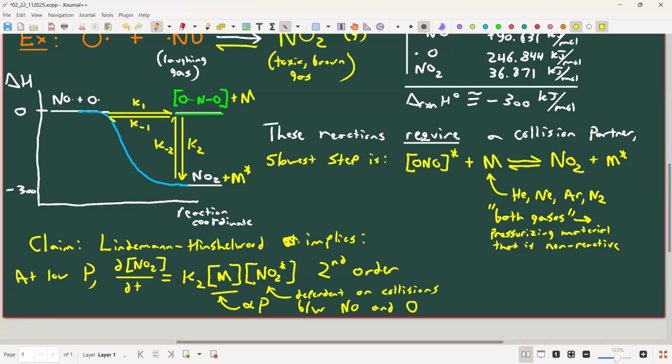Okay. And at high pressure, of course, it reduces to first order. So this is a really interesting situation. Here we have a reaction that we calculate in Gen Chem. I hate to keep bringing up Gen Chem, I really do.